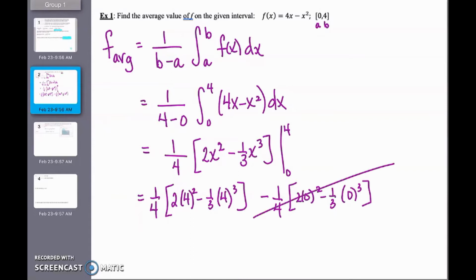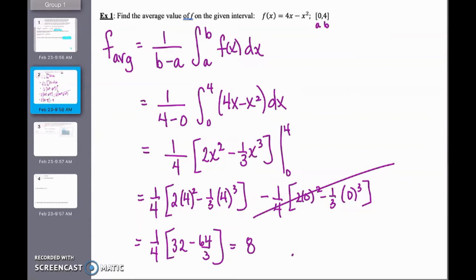Well, that's all going to go to 0, so we don't need to worry about that. So we end up with 1/4 times 4 squared is 16 times 2 is 32. So 32. 4 cubed is 64, which is not divisible by 3, so I'm going to write that as 64/3. Okay. And then when I distribute my 1/4, 32 divided by 4 is 8.